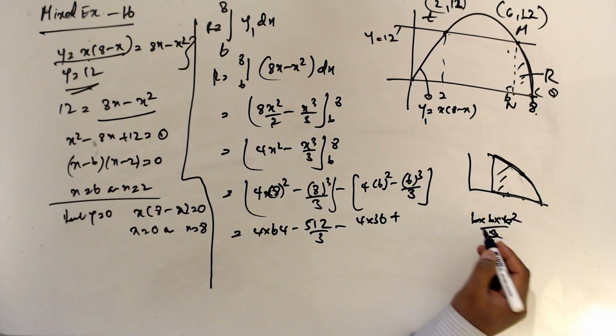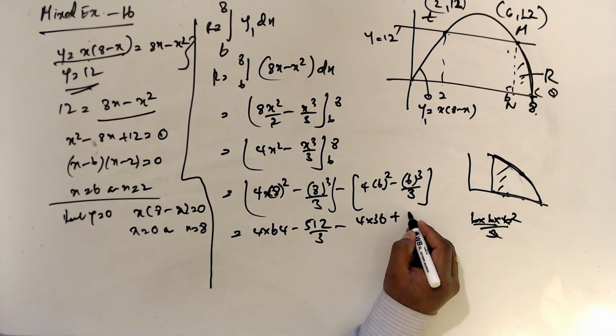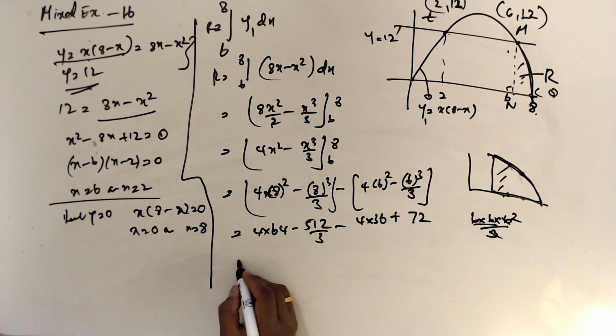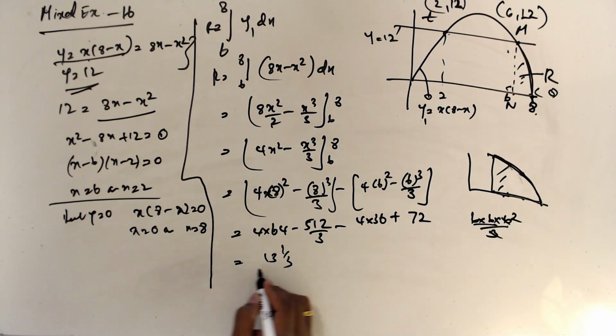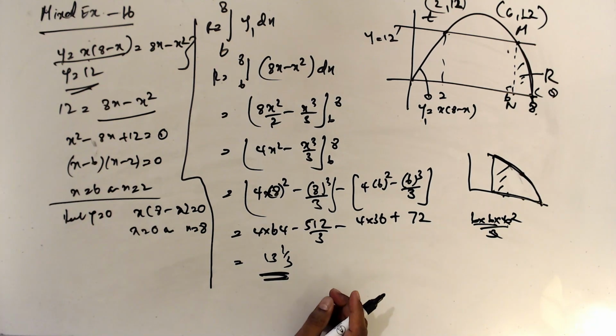So this is 2, this is 36 plus 72. So you should get the answer 13 1 over 30.